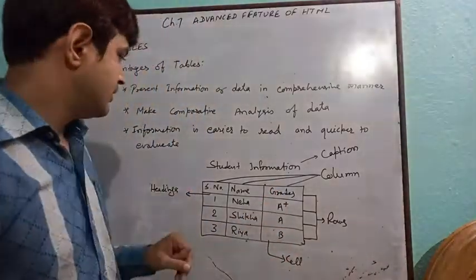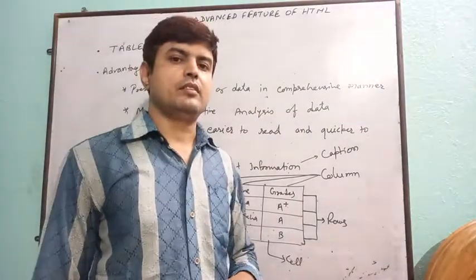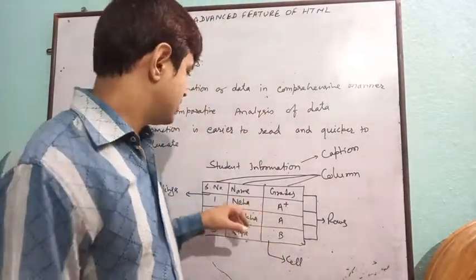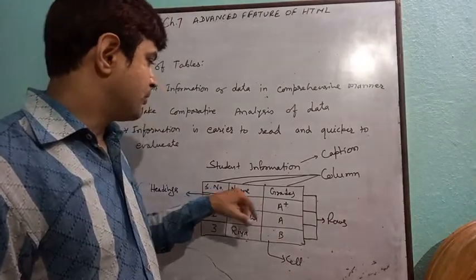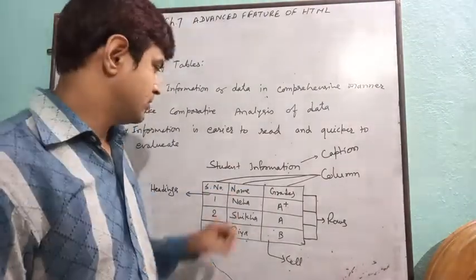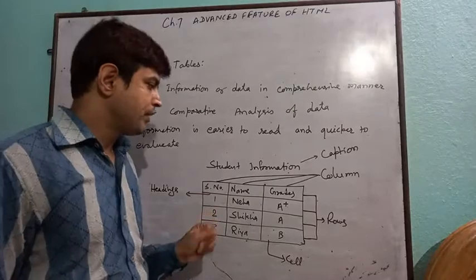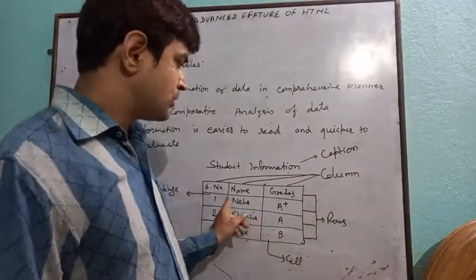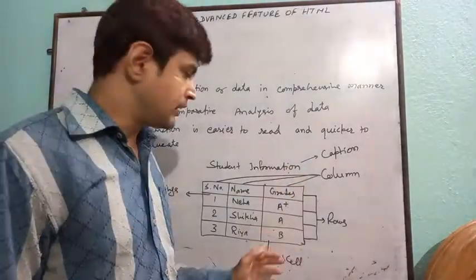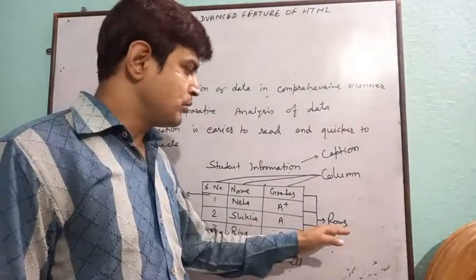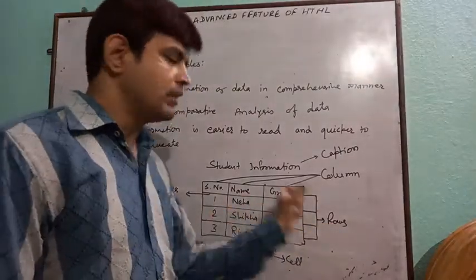And headings. A heading is a special cell that describes the type of the column field. Next, rows. As a column is the collection of vertical cells, a row is the collection of horizontal cells.